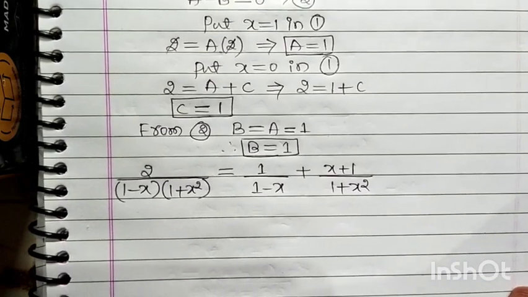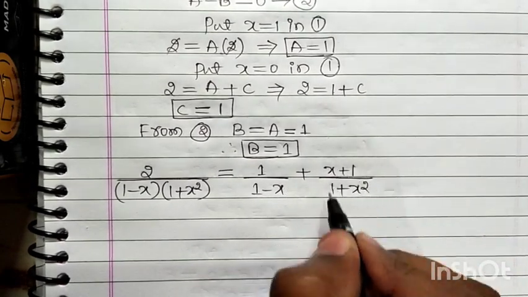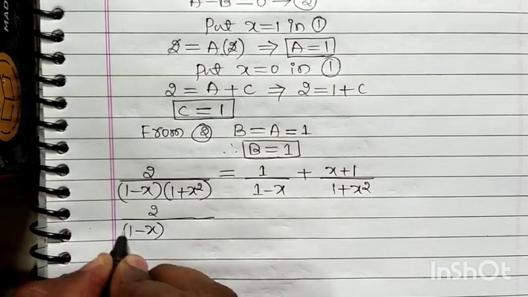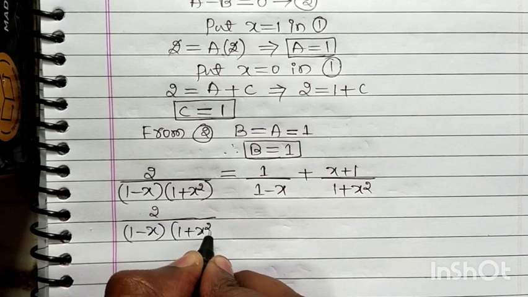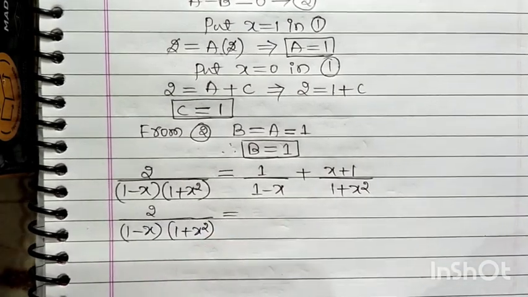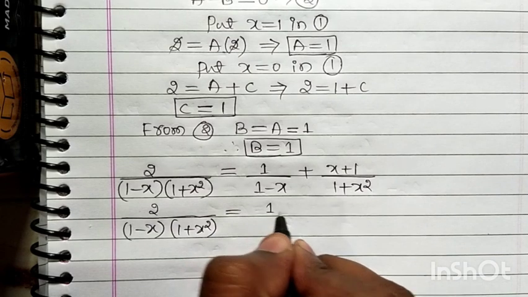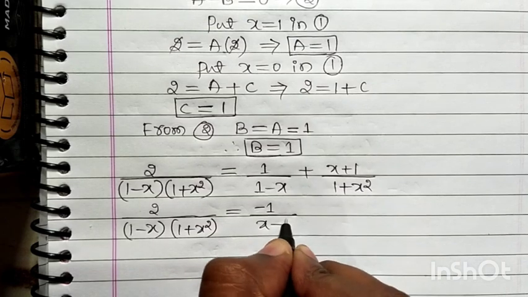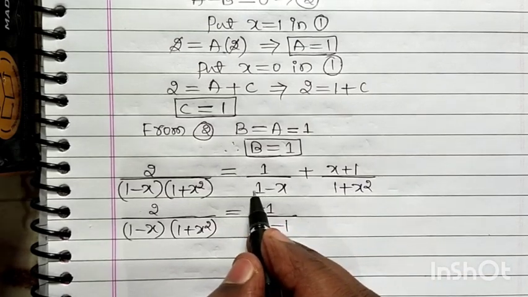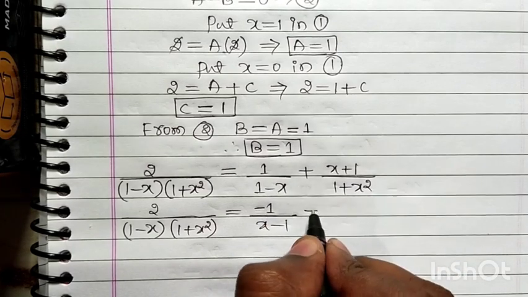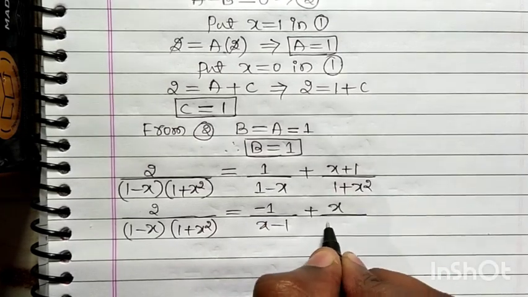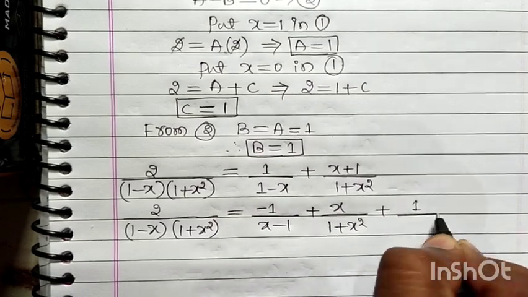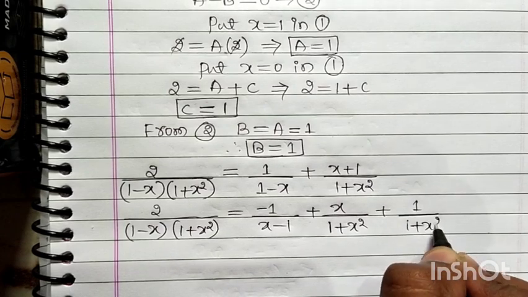So now we have to split the terms here. If we take minus common, we get (x minus 1). So I am taking minus common in the denominator, so we get (x minus 1), plus, this can be written as x divided by (1 plus x square) plus 1 divided by (1 plus x square).